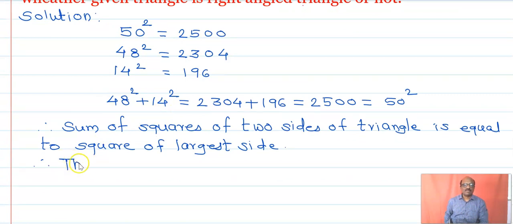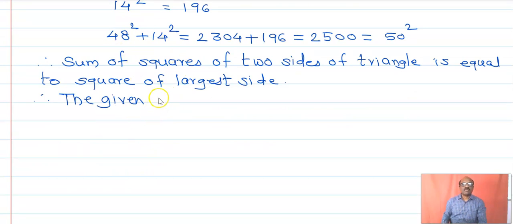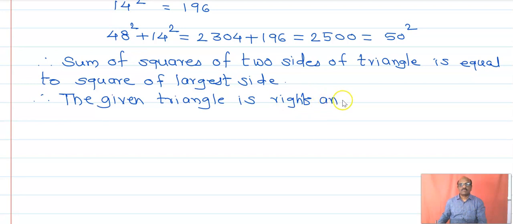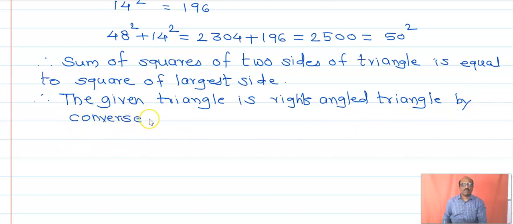Therefore, the given triangle is a right angle triangle by converse of Pythagoras theorem.